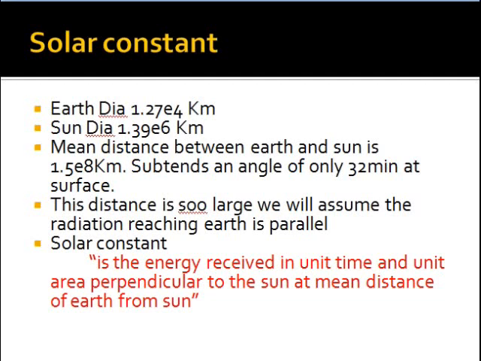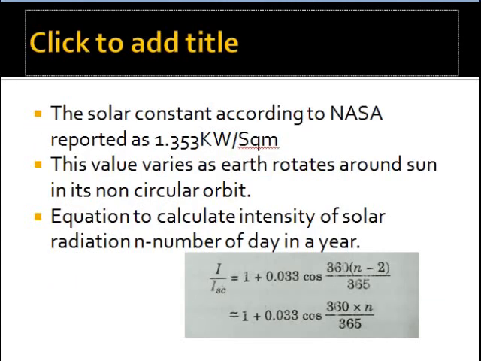And the solar constant value is 1.353 kilowatt per square meter as reported from the NASA experiments.